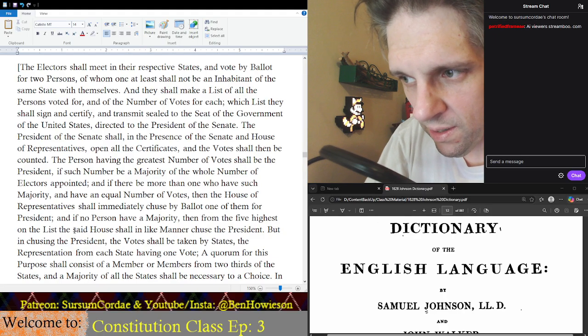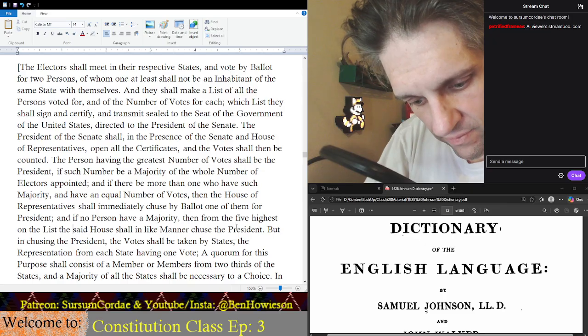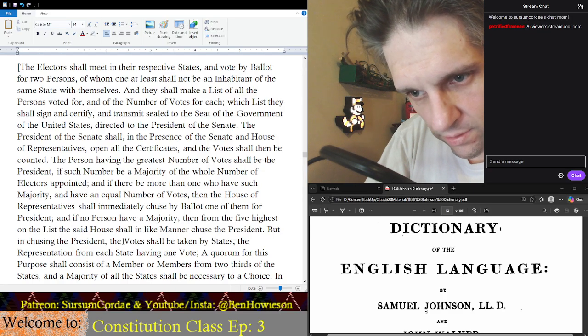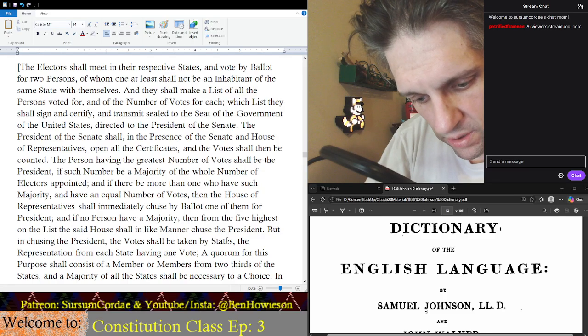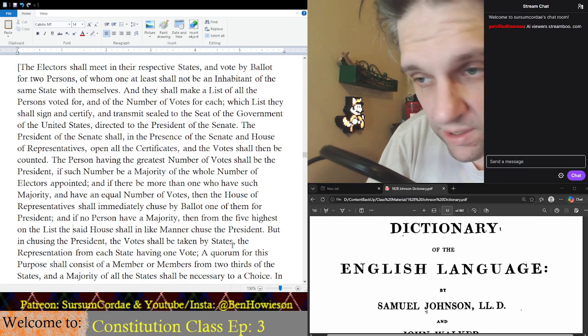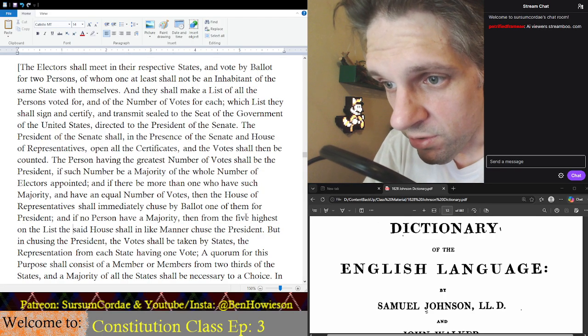You can tell how many hands had a part in writing this, because that feels like what I would have done. I mean, reference said house. Then the 5 highest on the list, said house. The said house shall choose the president. Yeah, that's exactly right. That's exactly what's in the document. I gotta trust my documents, man.